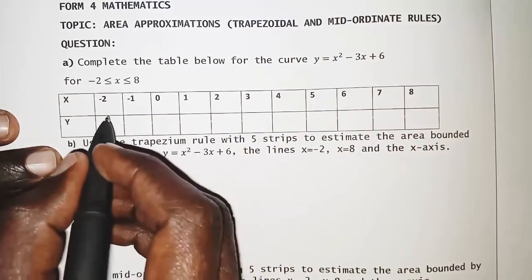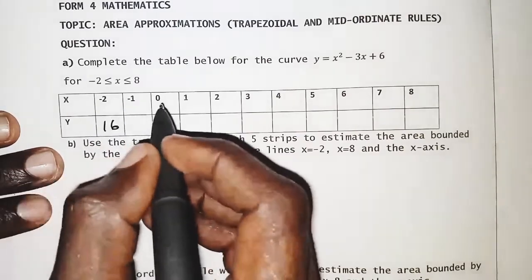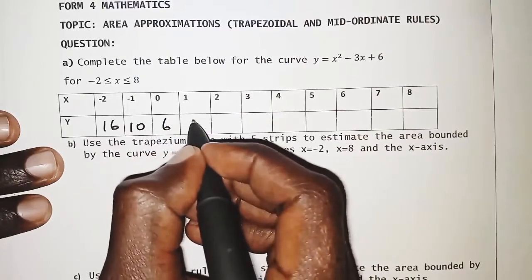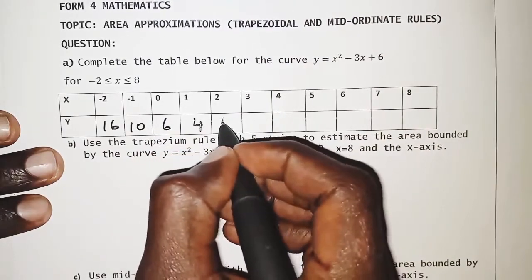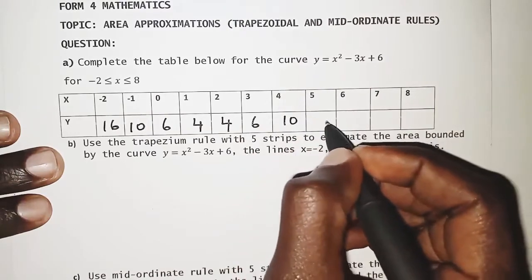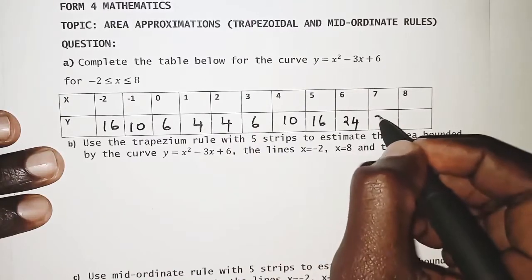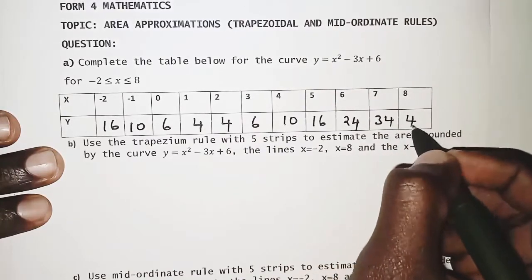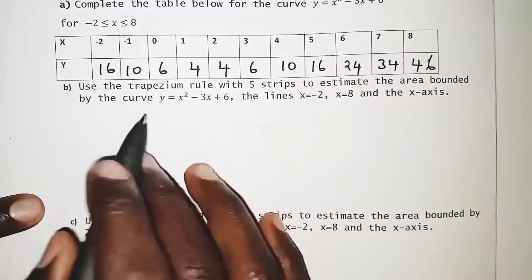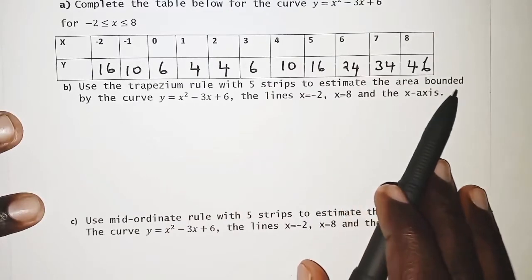So that for the first one, we have 16, then 10, then 6, here we'll have 4, then 4, 6, 10, 16, 24, 34, and 46.